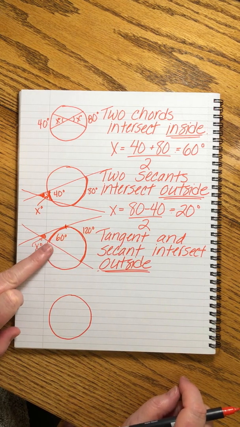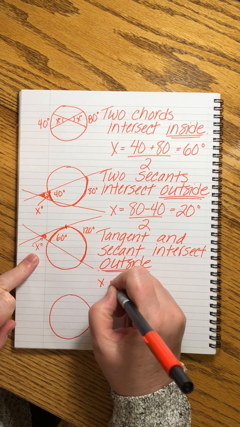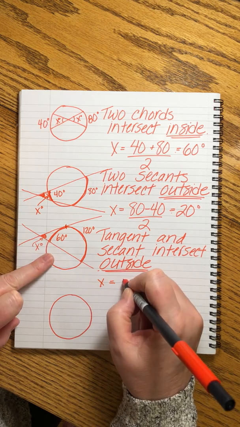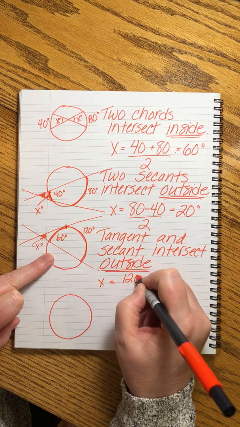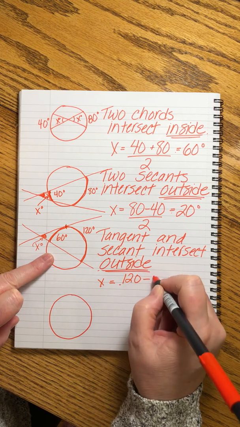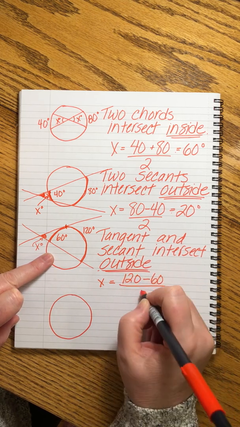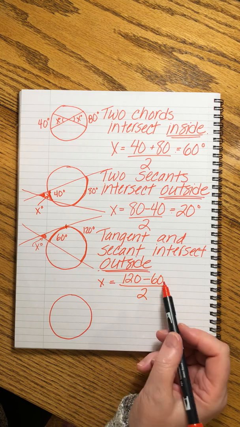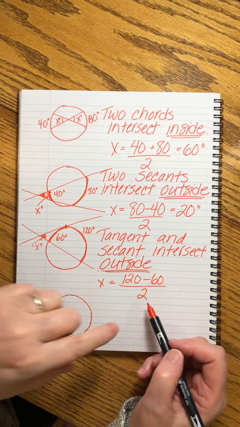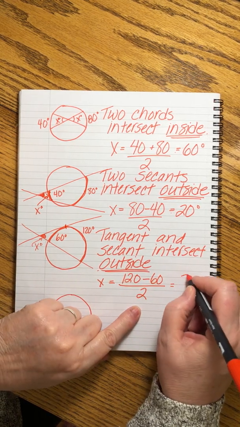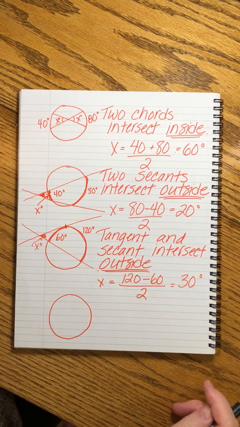So to find the value of x, we take the 120 and we subtract the 60 and then we divide it by 2. 120 minus 60 equals 60. 60 divided by 2 equals 30 degrees.